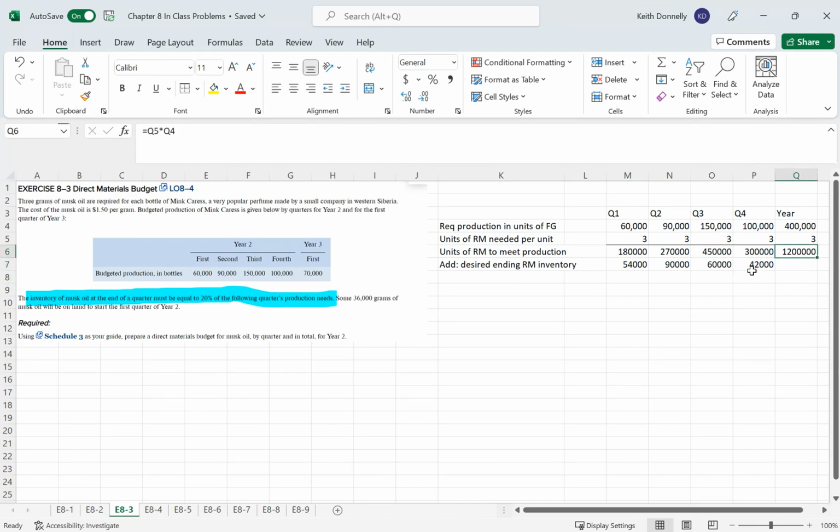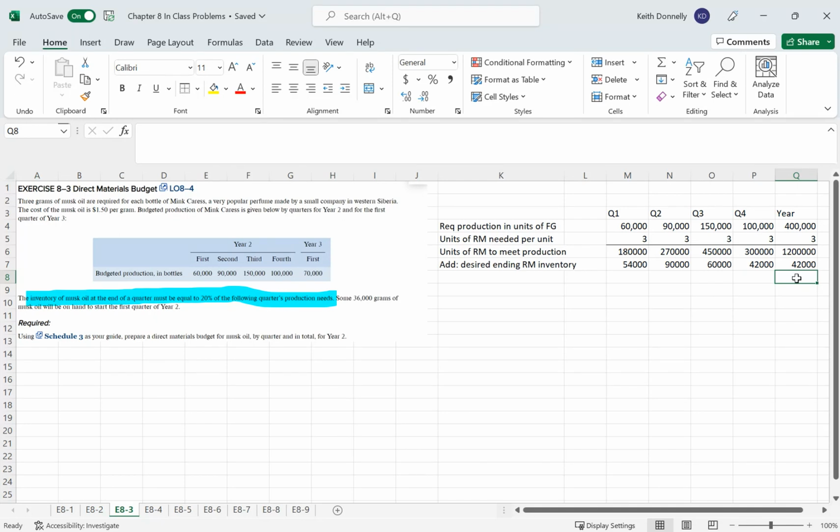And then we can just add those up. The year ending, at the end of the year, it's going to be 42,000. It's where we stand there at the end of the year.